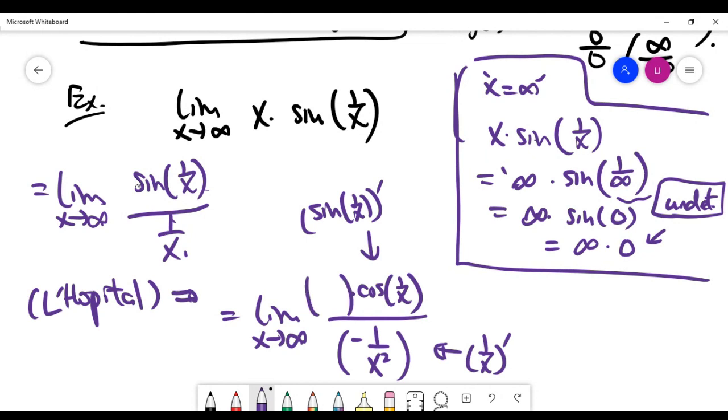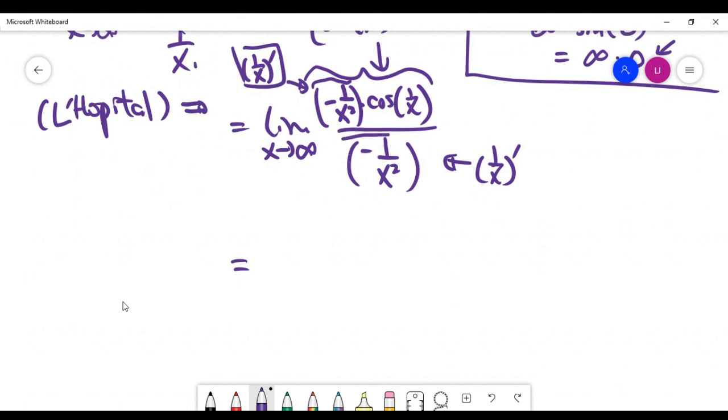But it's a chain rule application. You have to multiply the cosine of 1 over x by the second factor, which is the derivative of 1 over x, so it becomes minus 1 over x squared. This part is the derivative of 1 over x. I'm using the chain rule for the numerator.